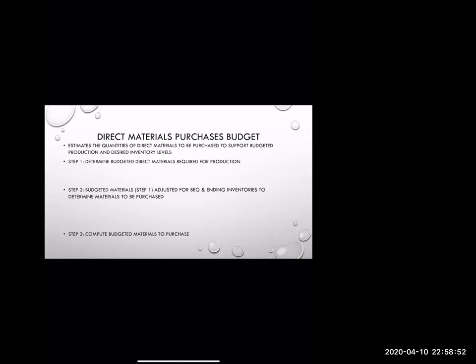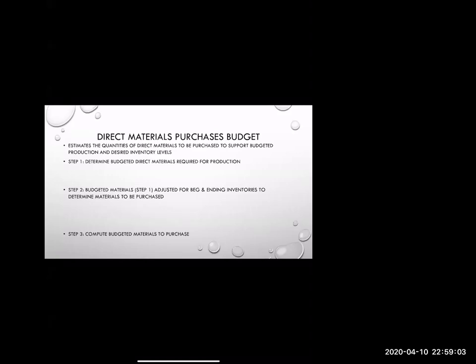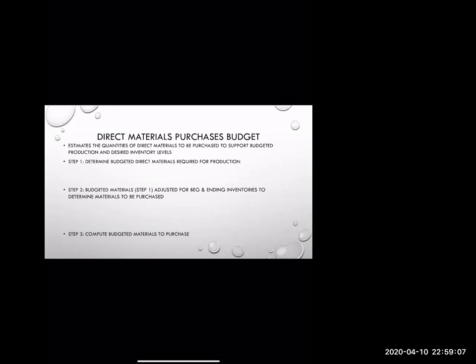Once we figure that out, it's time to think about how much direct materials or raw materials I must buy to support my production schedule. That's what this area is all about: determining how much materials to purchase to fulfill my production budget, which in essence helps me fulfill my sales budget, right?